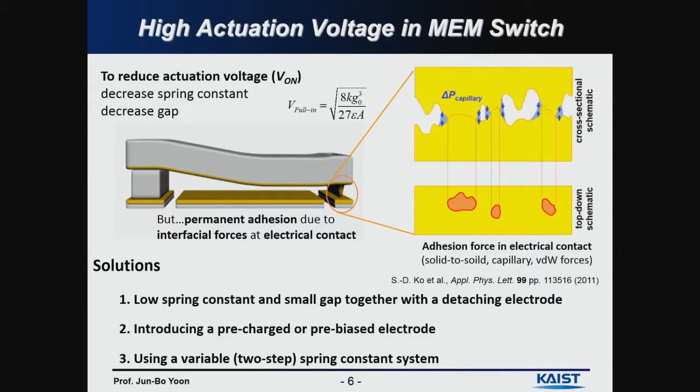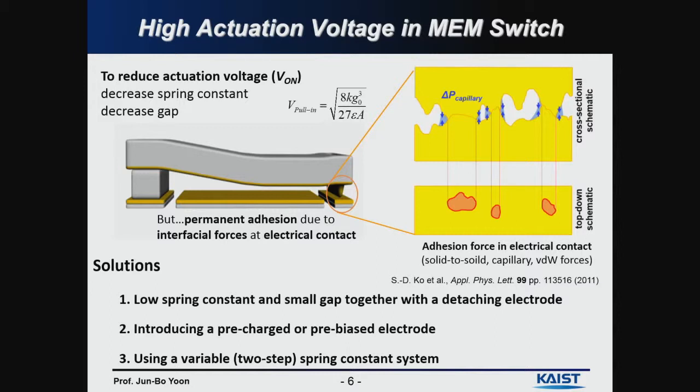So let's find out why the high actuation voltage is the problem in the MEM switch. So this is the pull-in voltage, beyond which the structure collapses to the bottom. And this turn-on voltage depends on the spring constant and the initial gap. So in order to reduce the actuation voltage, decreasing the spring constant and decreasing the gap is good.